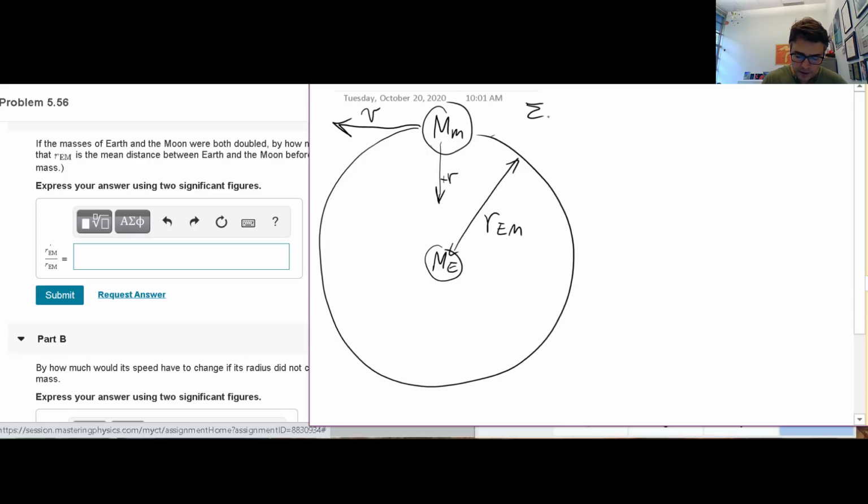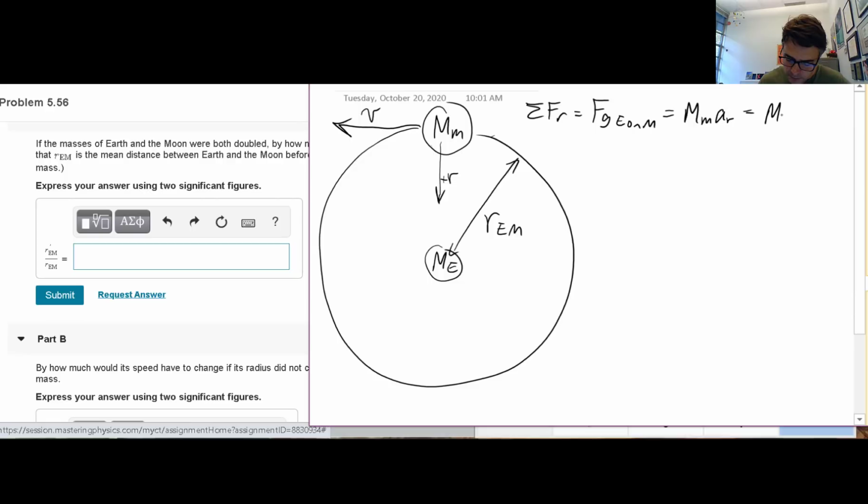The sum of forces in the r direction is equal to the force of gravity of the Earth on the Moon, which is the mass of the Moon times a sub r, because it's the net force.